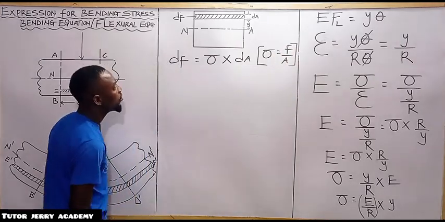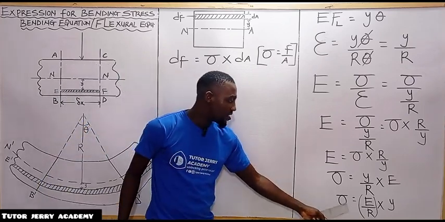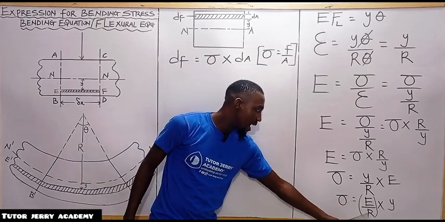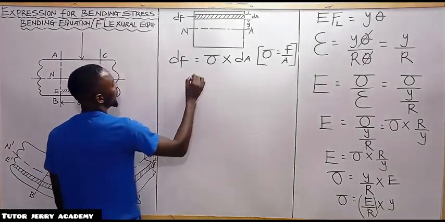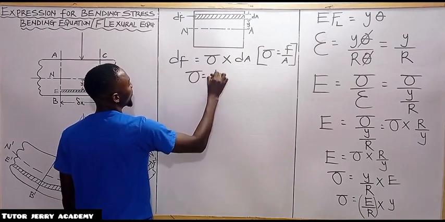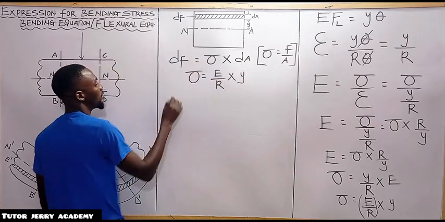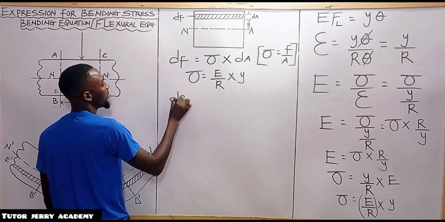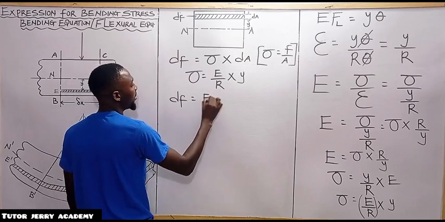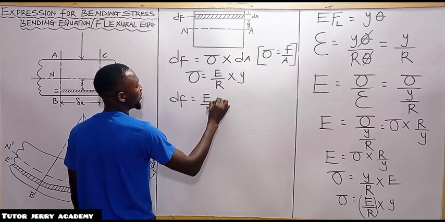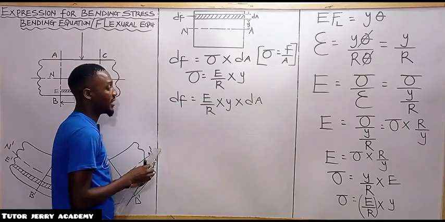From here, we have already gotten our stress to be E over R multiplied by Y. So we substitute that here. Our force acting on this strip is going to be E over R multiplied by Y multiplied by dA. I hope we understand that.